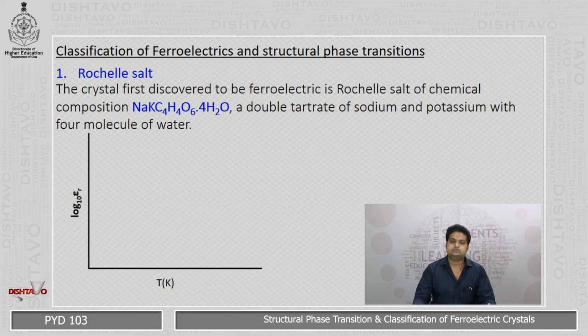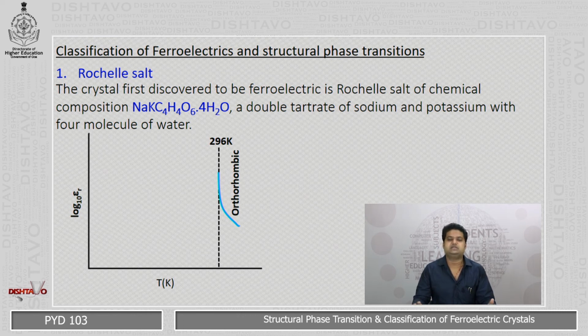Now, if I look into the features of this, let the temperature increase towards your right. Then it is in an orthorhombic phase at temperatures higher than or up to 296 Kelvin. Just take your calculator and subtract 273 from 296 Kelvin to get the temperature in Celsius.